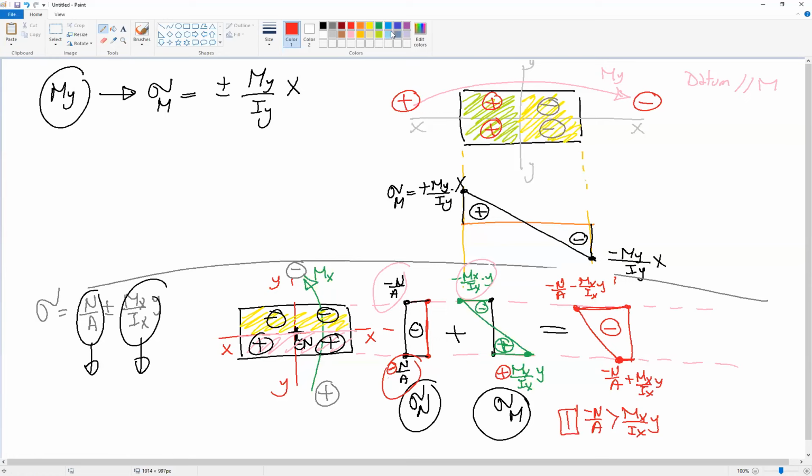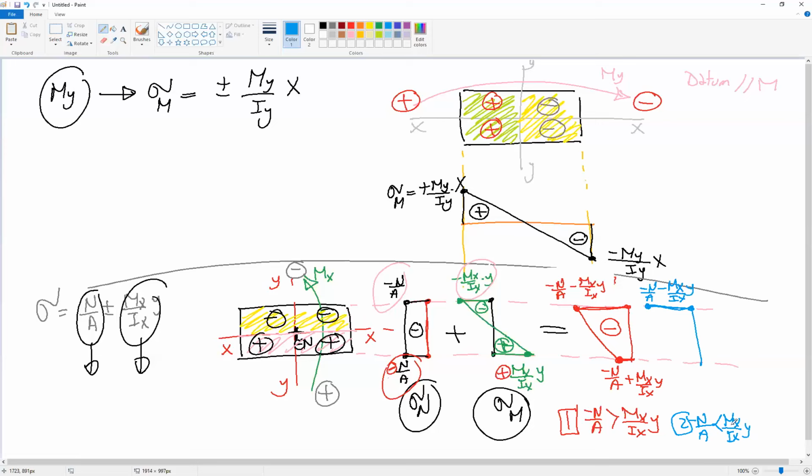The second probability is if negative N/A is smaller than Mx/Ix multiplied by y. So this is our datum. The top value will not be affected because both of them are negative, so we just sum them together.